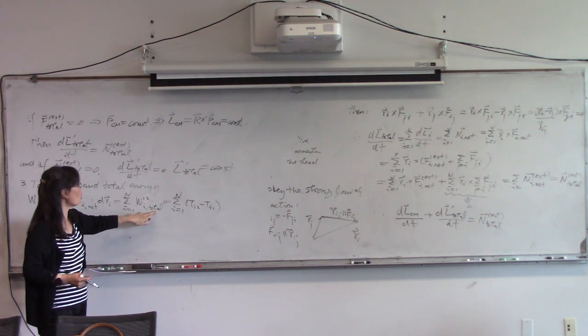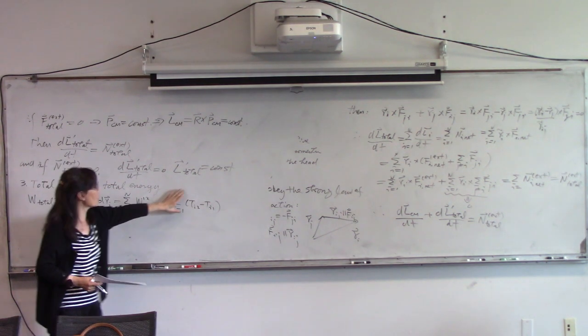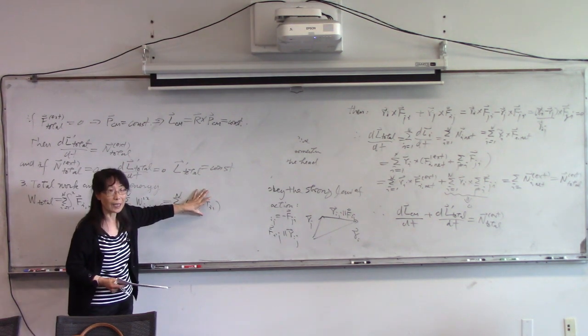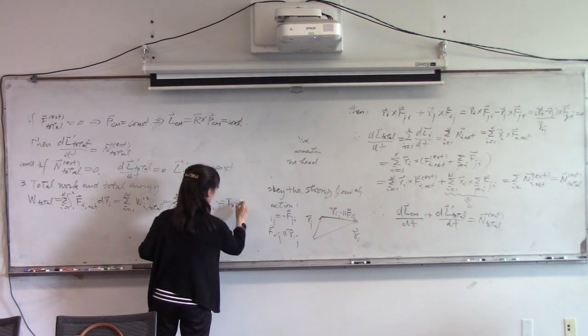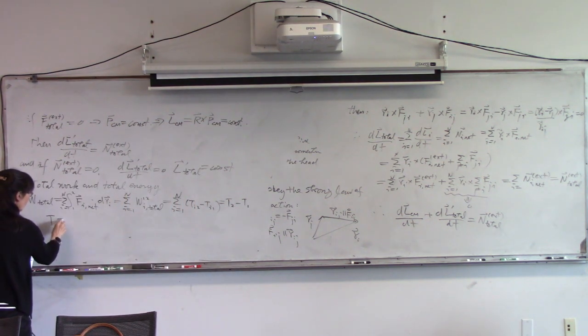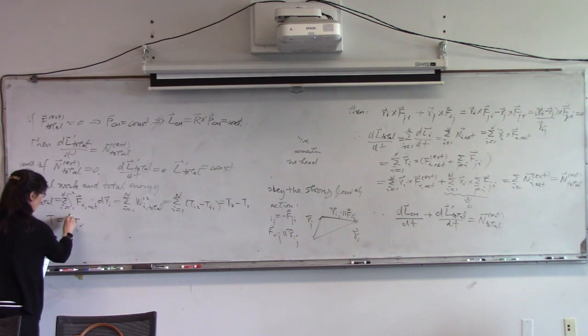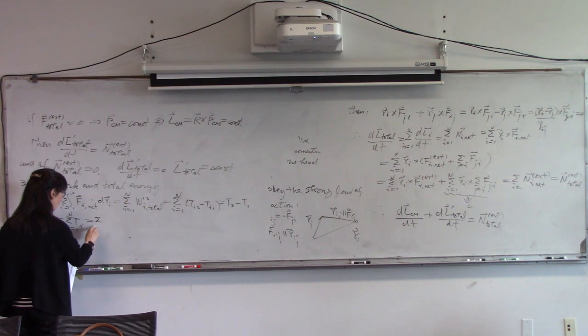Then this is all the force on the i-th particle doing the work, and remember that is the total kinetic energy change, right? Then summing all together is very simple. The total kinetic energy is the sum over the kinetic energy of each particle.